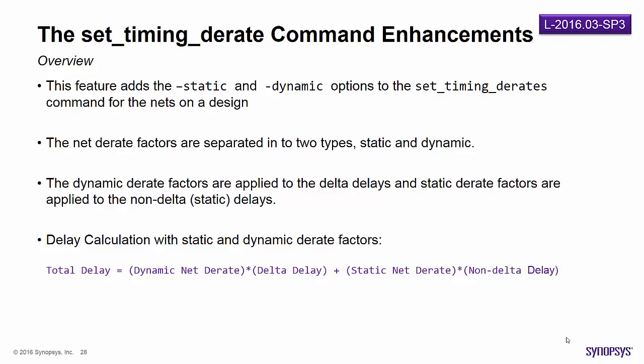Dynamic derate factors are applied to the delta delay, and static derate factors are applied to the non-delta delay. The total delay is dynamic net derate times delta delay plus static net derate times non-delta delay.